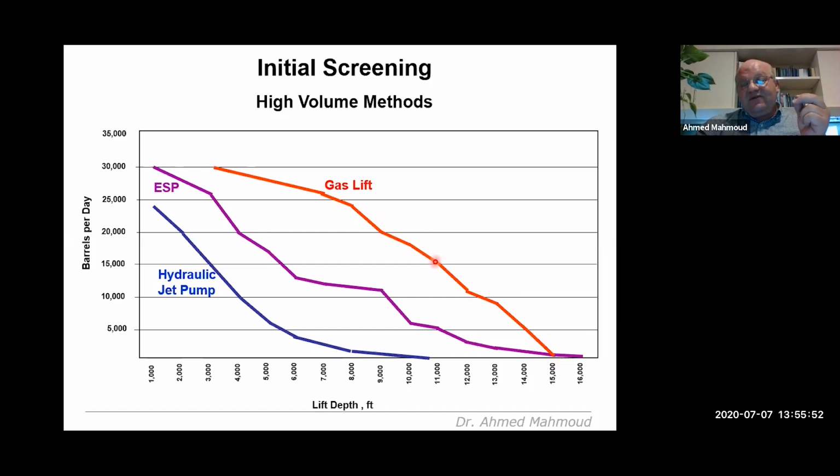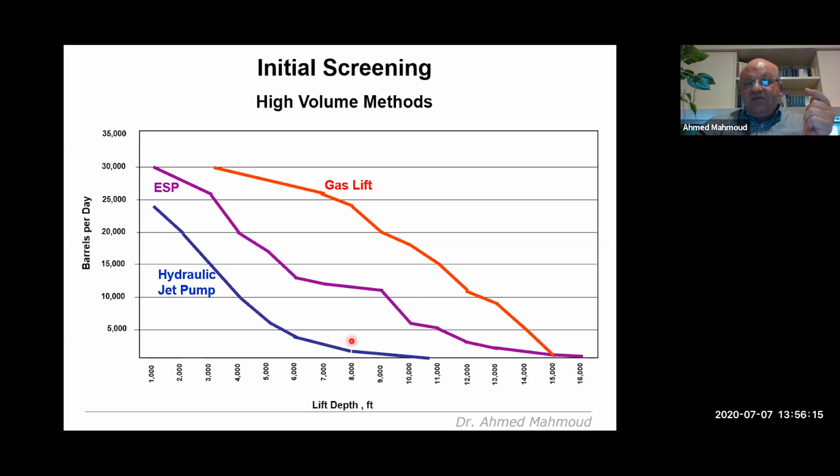So in gas lift, for example, it can work in wells up to 16,000 feet, pretty deep wells, and it can give you up to 30,000 barrels a day. The ESP is the same. It can give you up to 30,000 barrels a day, and it can work up to 16,000 feet in depth.